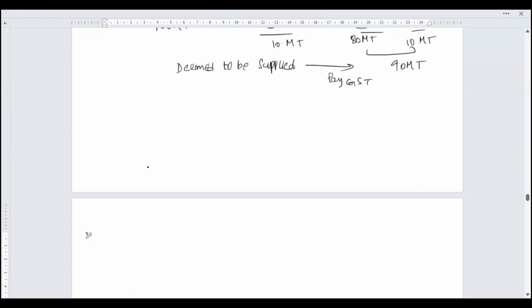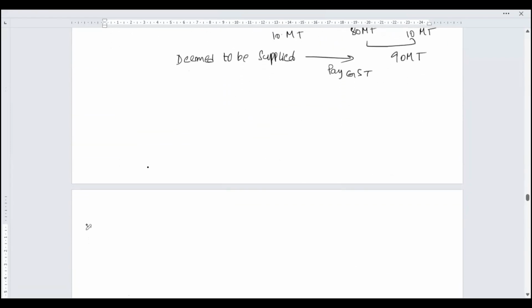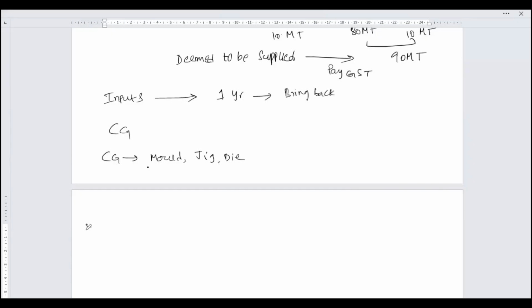Now, law says that, look, in case of inputs, in case of capital goods, which are by way of mold, jigs, die. They say that goods which are sent for job work, the time limit is 1 year, either to bring back or to supply.